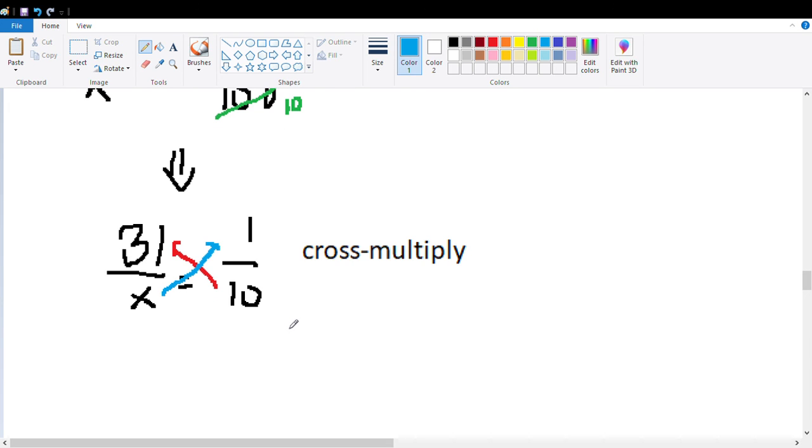Did I just repeat myself? Anyway, you get the idea. Multiply 31 with 10, you multiply 1 with x. Now you're going to get 31 times 10 is equal to 1 times x.